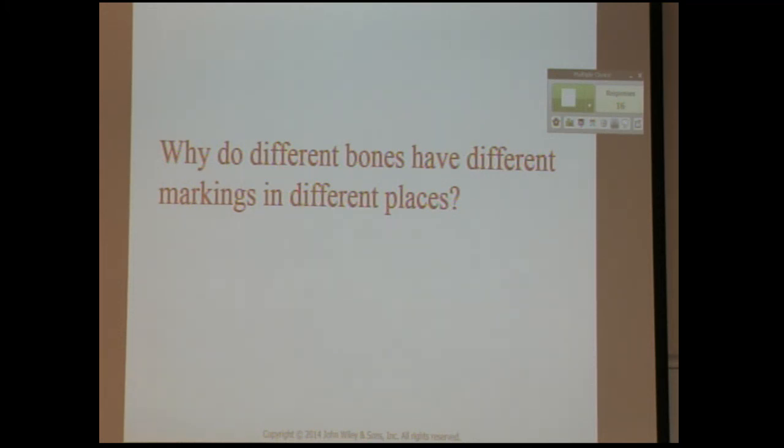So it's basically because the different parts of the bone need to do different things, like the function's different, which is kind of what you're saying. So like the ends of the bone, maybe they need processes to attach the ligaments. The middle of the bone needs some openings for the nerves and the blood vessels to go in. So it's all about their function.